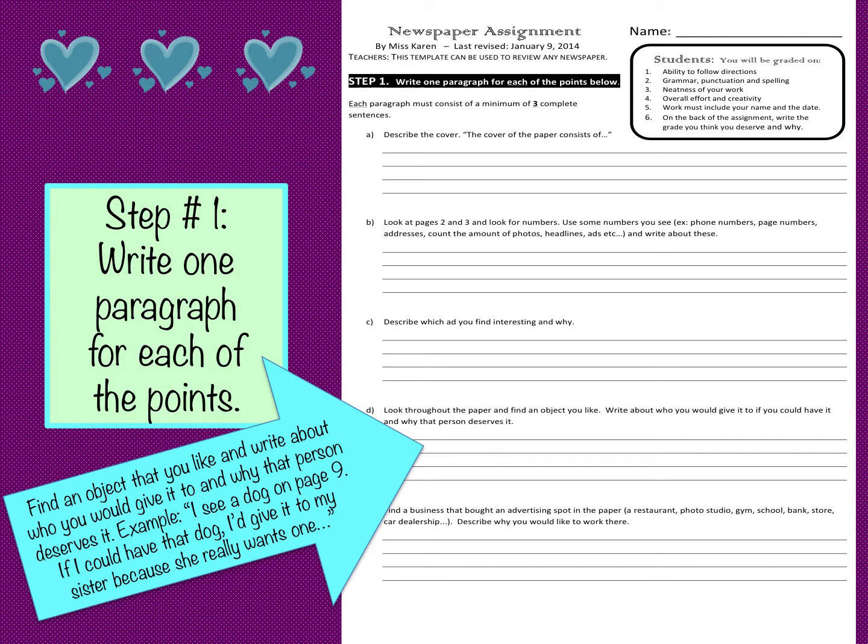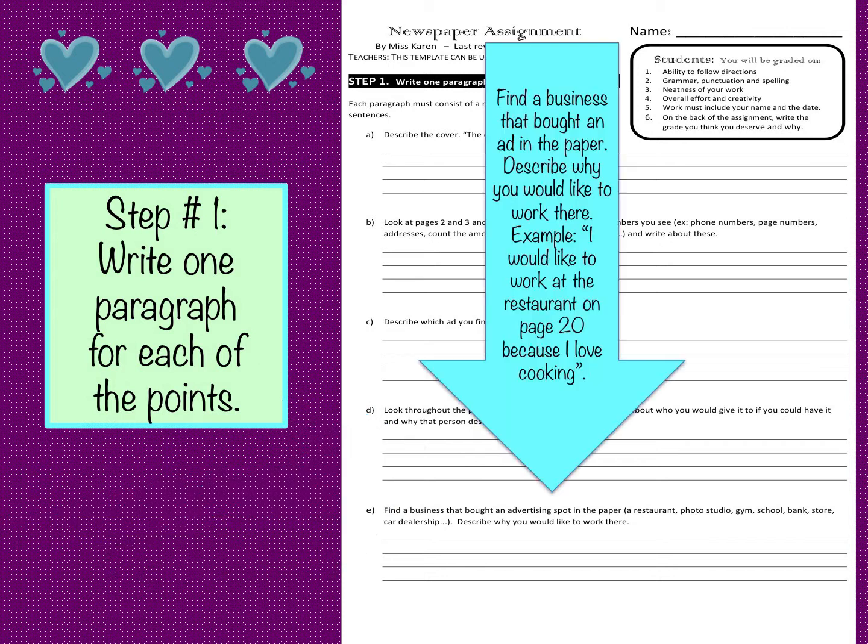If I could have that dog, I'd give it to my sister because she really wants one. The last paragraph, letter E, says, find a business that bought an ad in the paper. Describe why you would like to work there. Example: I would like to work at the restaurant on page 20 because I love cooking.